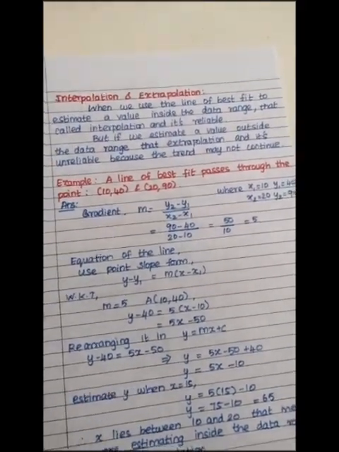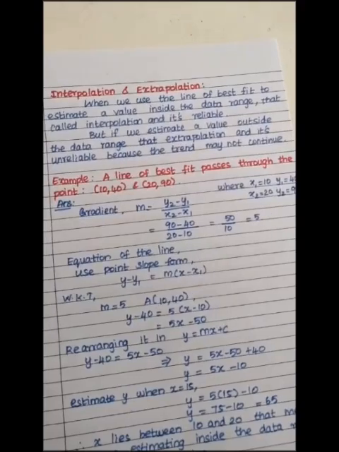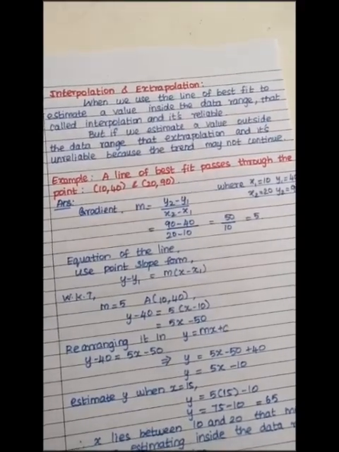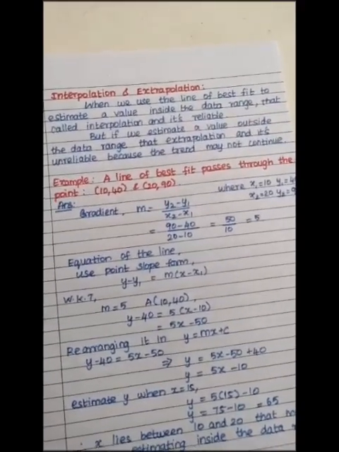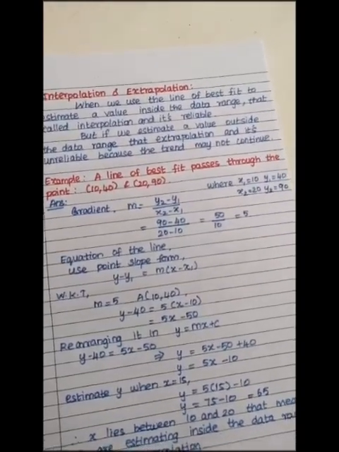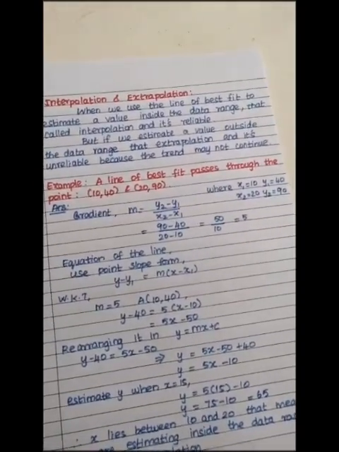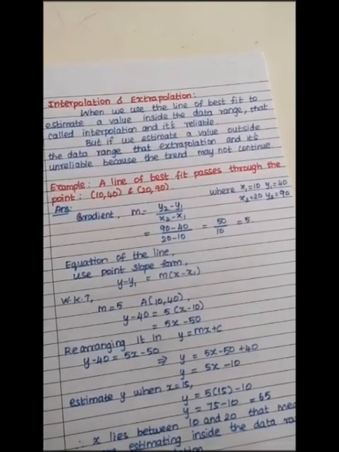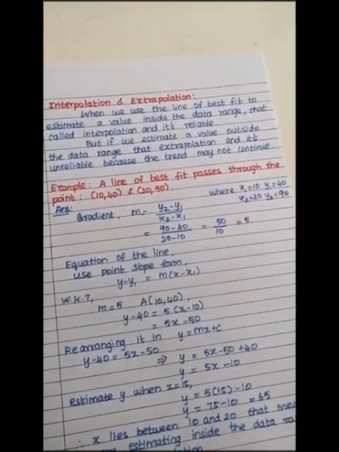Interpolation means estimating a value between two known points on a graph or a table. You already know two values, and you find a value in the middle of those two values.